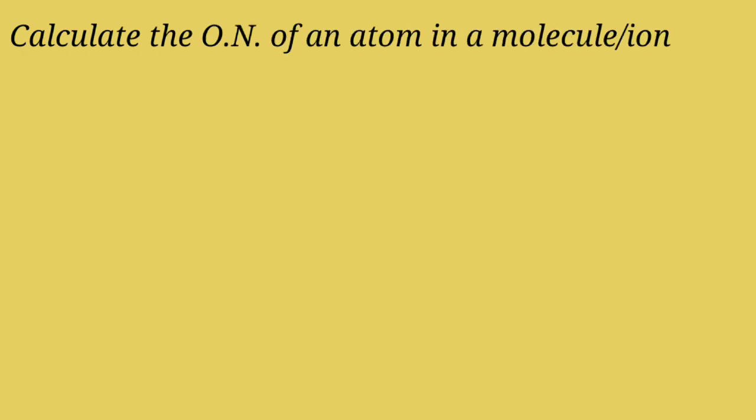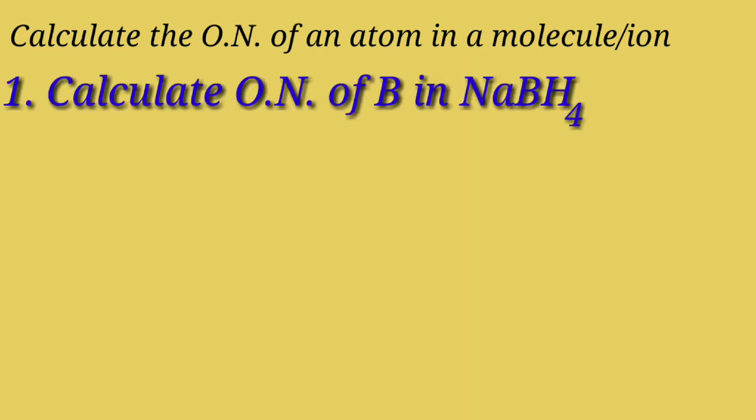Students, now let us try to calculate the oxidation number of an atom in a molecule or ion. For example, sodium borohydride. Over here, we need to calculate oxidation number of boron in sodium borohydride. So we know that sodium being alkali metal, its oxidation number is +1.